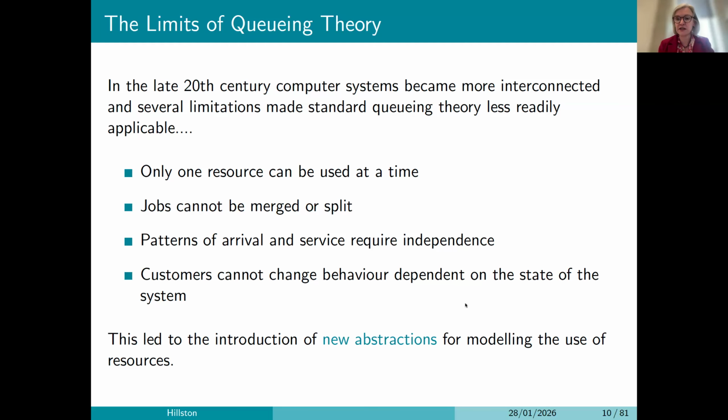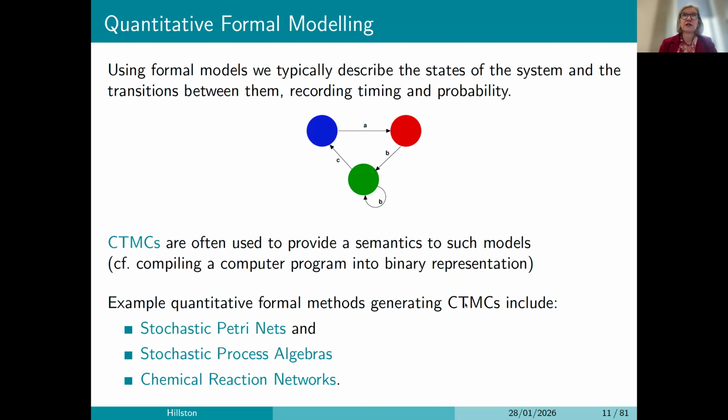The paradigm that we'd used in terms of queuing abstraction became not adequate for the kinds of systems we were modelling. So we moved on to using what are now called quantitative formal methods or quantitative formal modelling techniques, where we instead focus on the states of the system and the transitions between them.